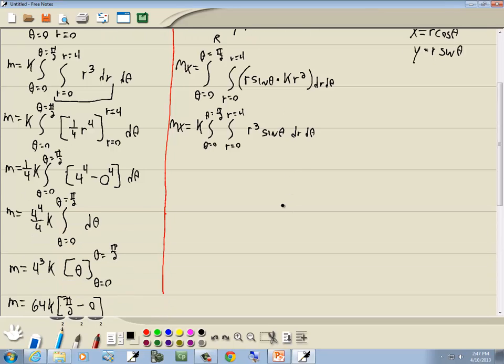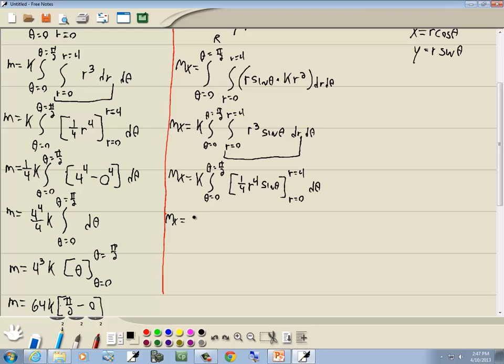Okay, so now we're going to work with our inner integral. This one right here. So k carries down. Theta is equal to 0 to theta is equal to pi over 2. And we're integrating with respect to r, so this becomes 1/4 r to the 4th sine theta, from r is equal to 0 to r is equal to 4 d theta.